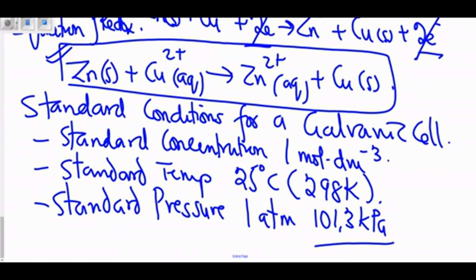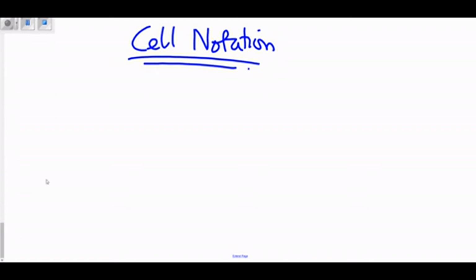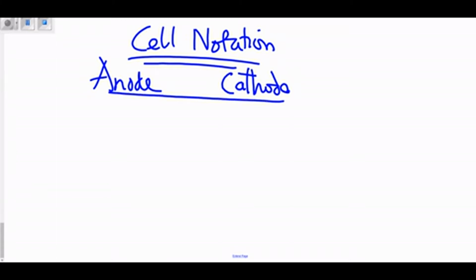Next, there's a whole lot of things on this galvanic cell. There's what you call cell notation. How do we write our cell notation? It's very simple stuff. But still, we need to identify our anode and the cathode. Once we identify that, it becomes easy to write your cell notation.